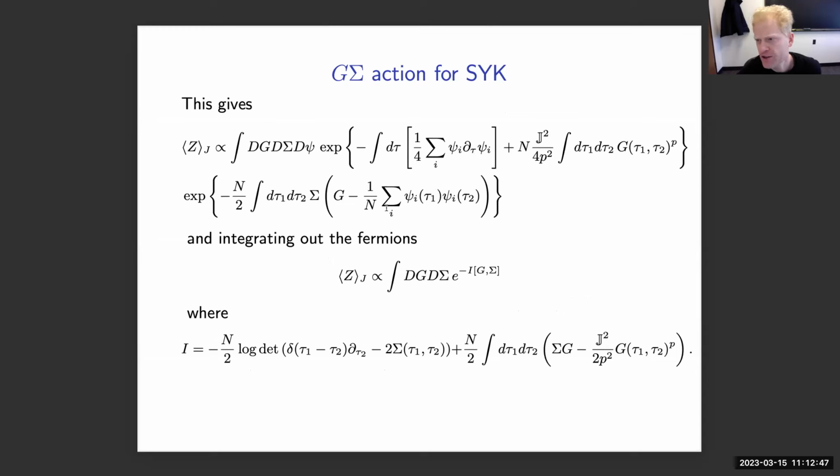The last step is just to integrate out the fermions since they're quadratic here. So we just get this log of the determinant term. This is from the kinetic term, and this is just the coupling of the fermions to sigma. And these are the terms that we had before, the coupling of sigma to G and G to the power P. This is just the G-sigma action of SYK.